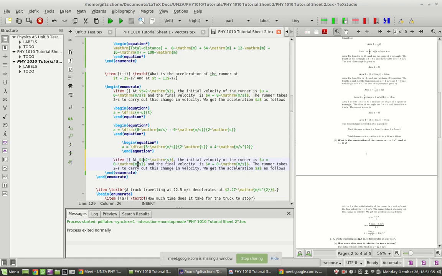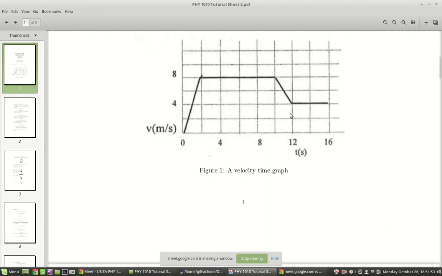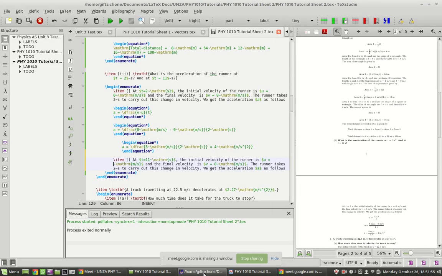Okay, so at 11 seconds, how much is the initial velocity? 8 meters per second.